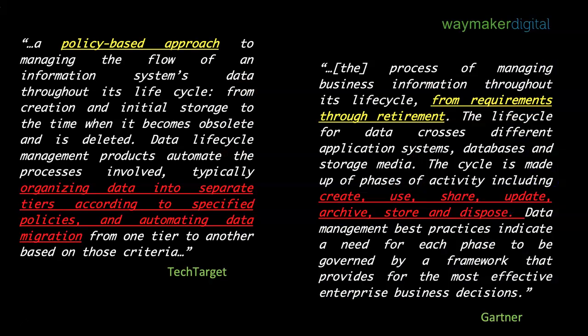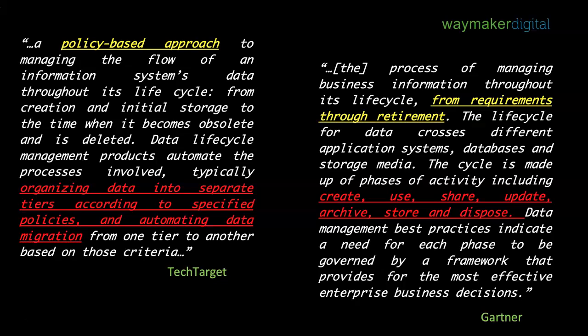Data lifecycle management has been defined in many ways, so it's often misunderstood, but we will examine just a few. As you can see on my screen, I have a definition from TechTarget and another from Gartner. Data lifecycle management can also be confused with other data management systems, especially information lifecycle management.